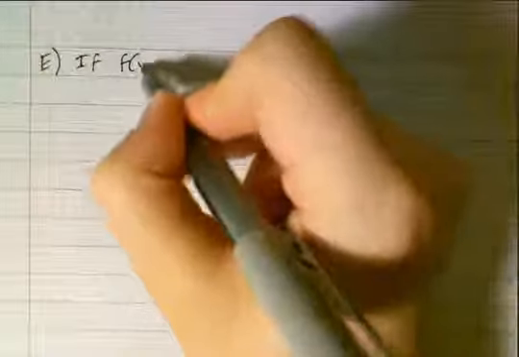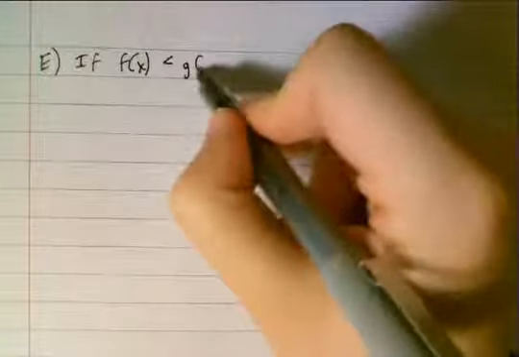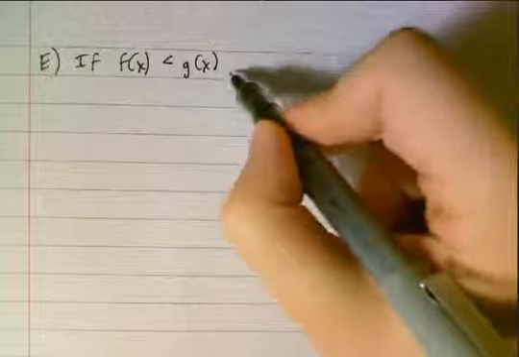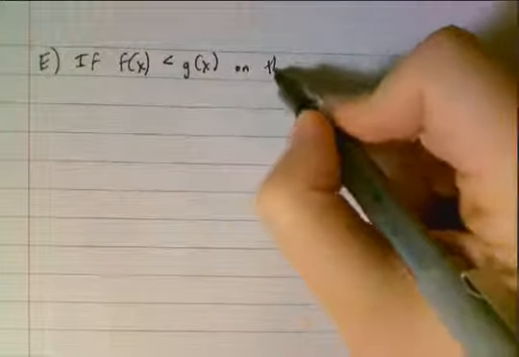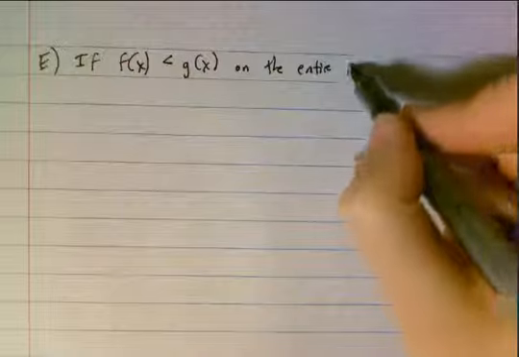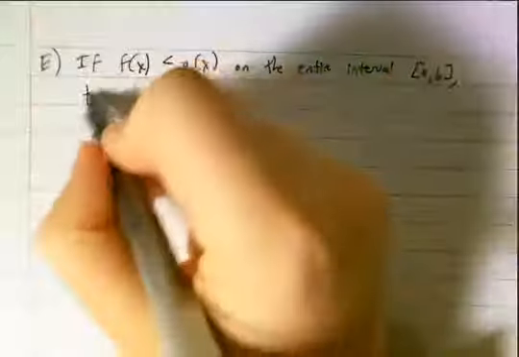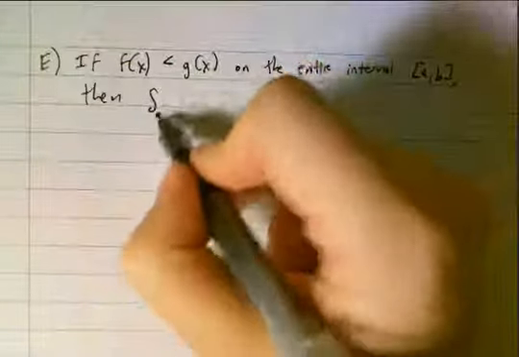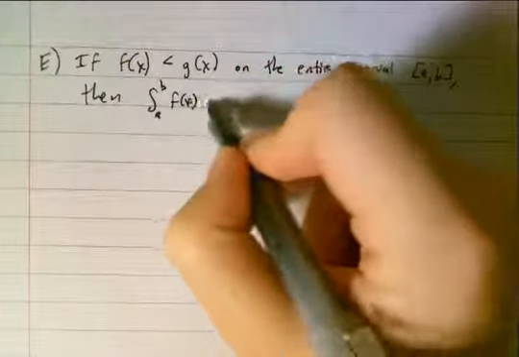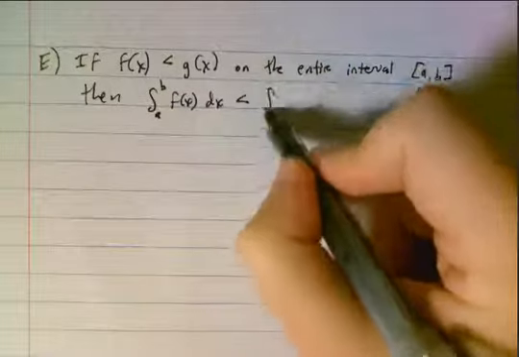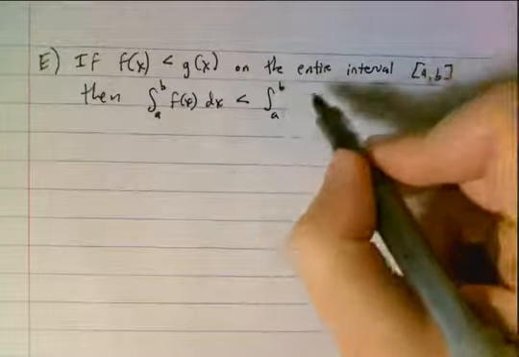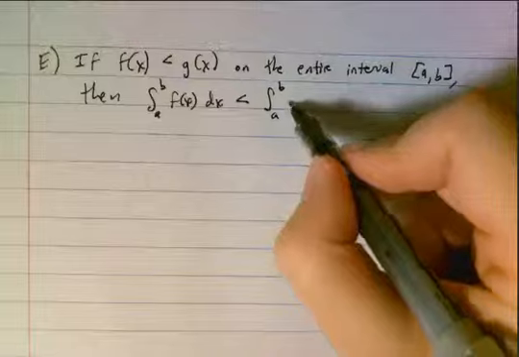The final one is a little bit random, but we'll put it in here for completeness. If f of x is less than g of x, always, or on the entire interval from a to b, then the antiderivative from a to b of f of x is less than the integral from a to b of g of x.